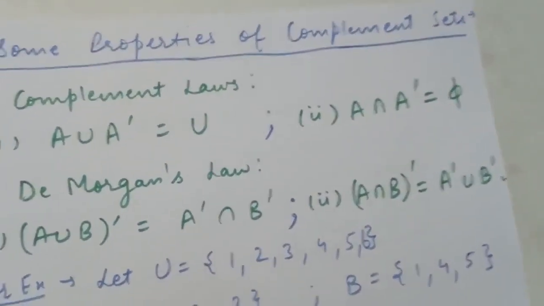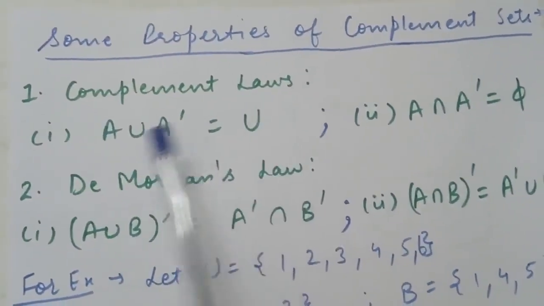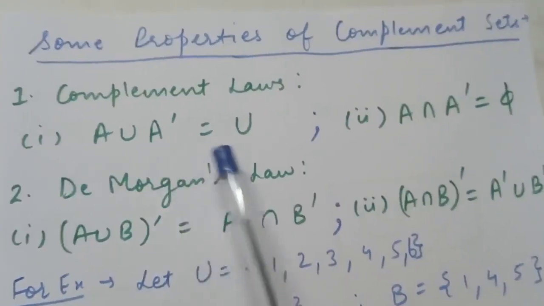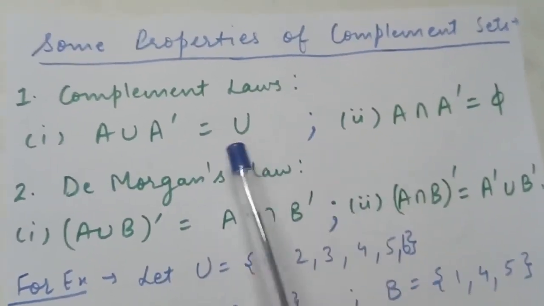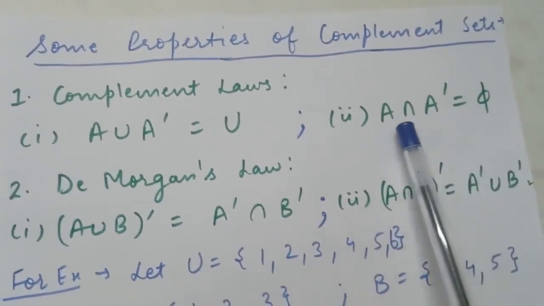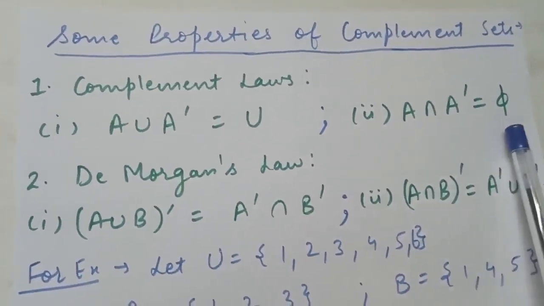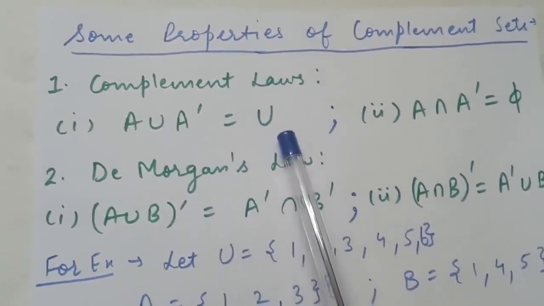Now next is some properties of complement sets. First property is complement laws, that A union A complement is the universal set and A intersection A complement is phi. As there is nothing common between these two, therefore their intersection is phi and their union is the universal set.